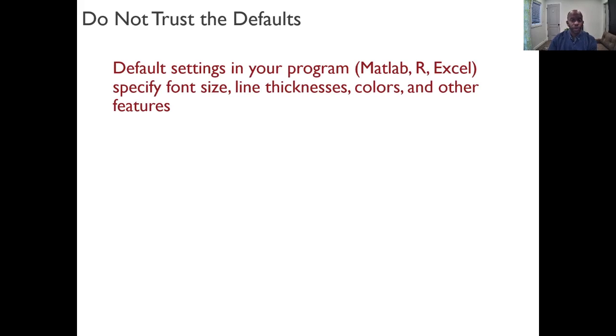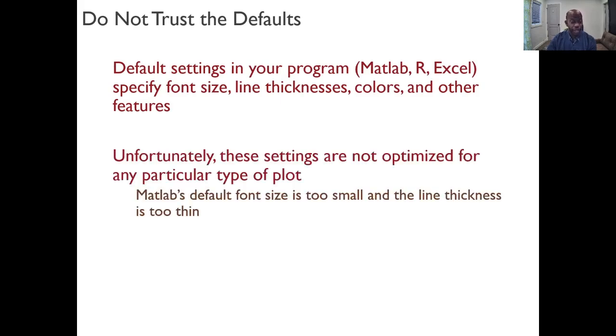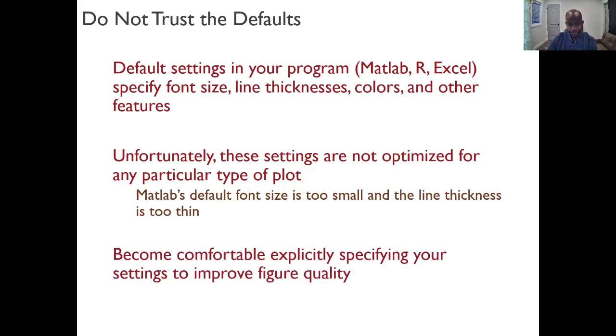So the next key point is that you want to make sure you're not trusting the defaults when you create your figures. Regardless of the program you're using, there's a good chance that the default settings create really poor figures. For example, in MATLAB, when you use plot or histogram or whatever function might be of interest, the font size is generally too small, and the line thickness is generally too thin for you to just copy and paste that figure into a PowerPoint or publish it directly from MATLAB.